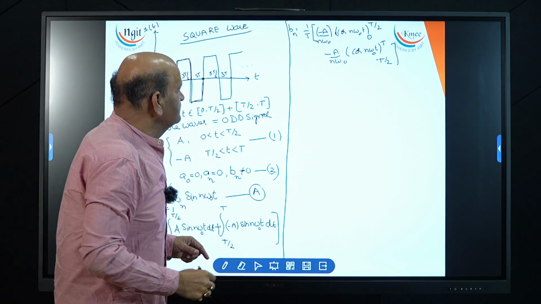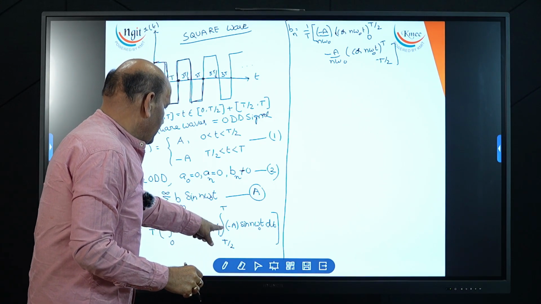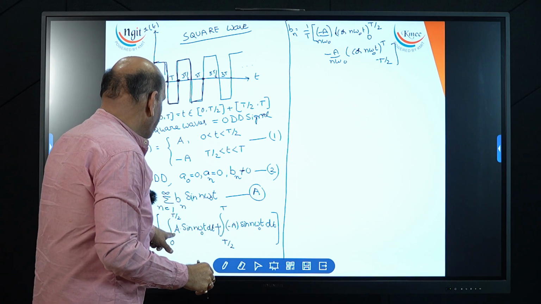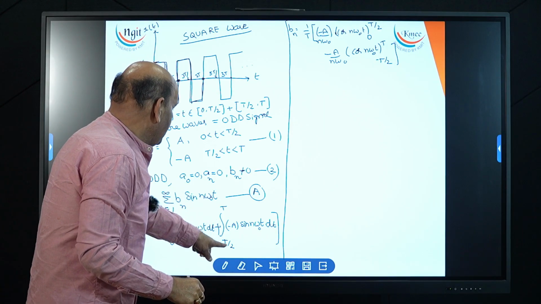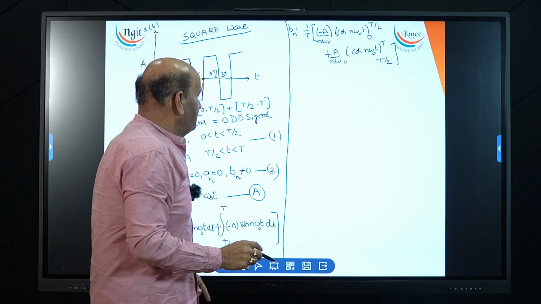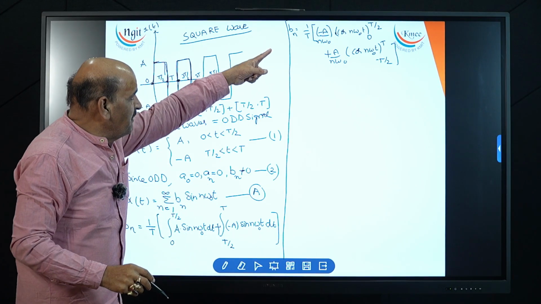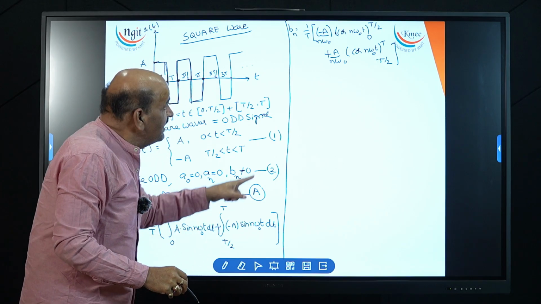Now just look at here. For the integral of sine, what you got? Minus cos. For the integral of sine, minus cos. This minus into this minus will become plus here.